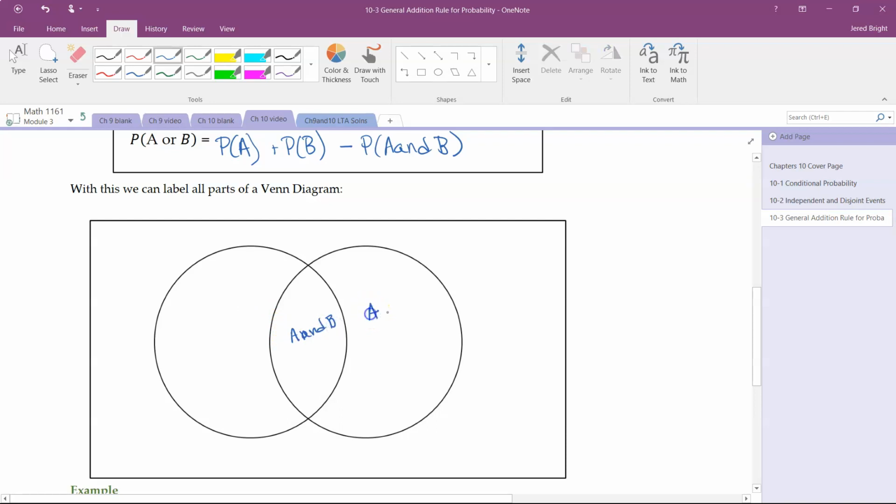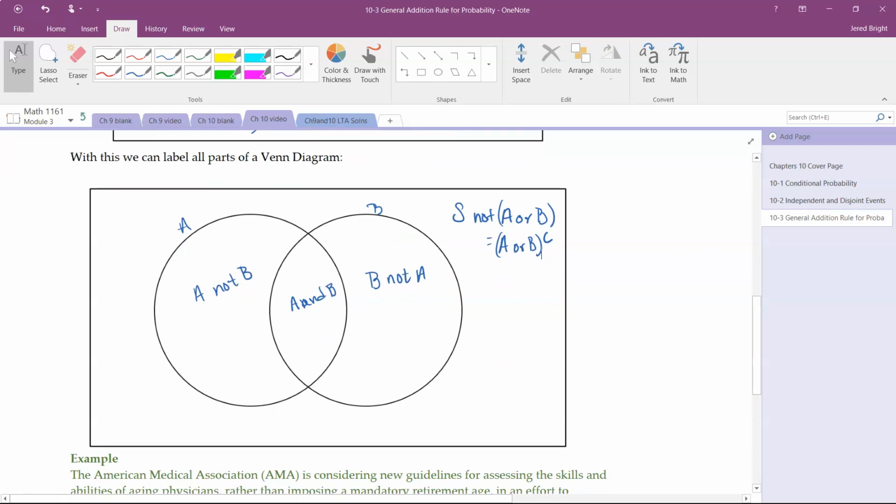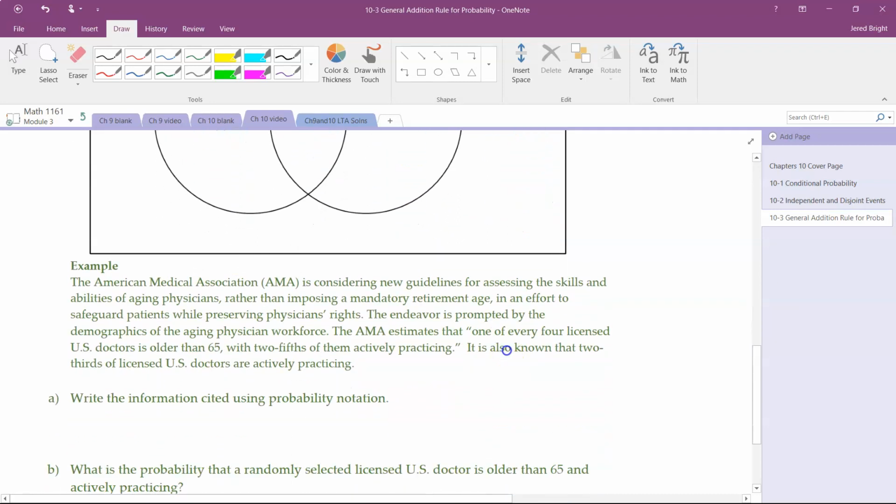If I call this A and this is B, this is B not A. This is A not B. And out here, this is your sample space, not A or B. Equivalently, you could say that this is A or B complement, because it would be outside either A or B. There are different ways you can do that, but just so you have an idea where everything is and how to talk about these different pieces, it may be useful in this next and final example.